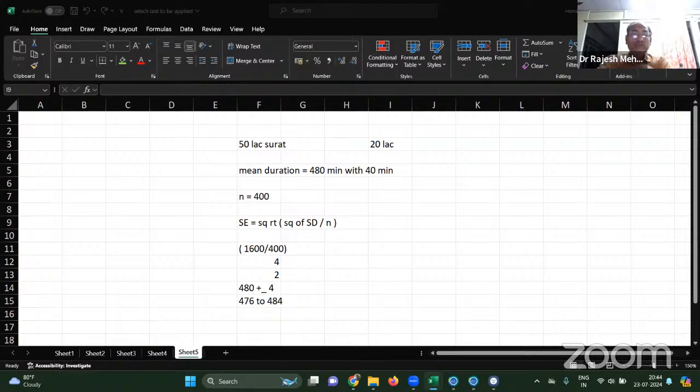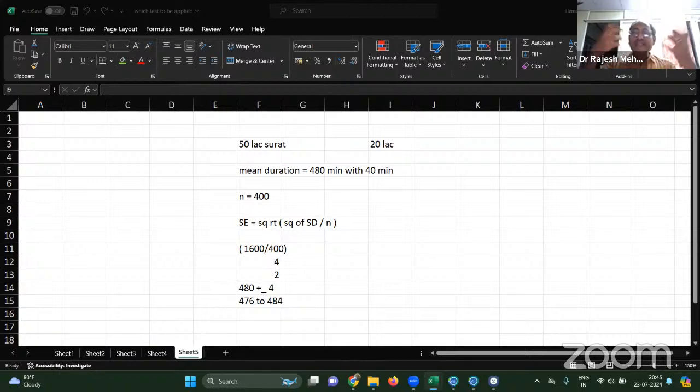Question, yes or no? No. Okay. Someone else? So when there is some difference in size, 20 lakh, 30 lakh, 50 lakh like this, there won't be any difference.